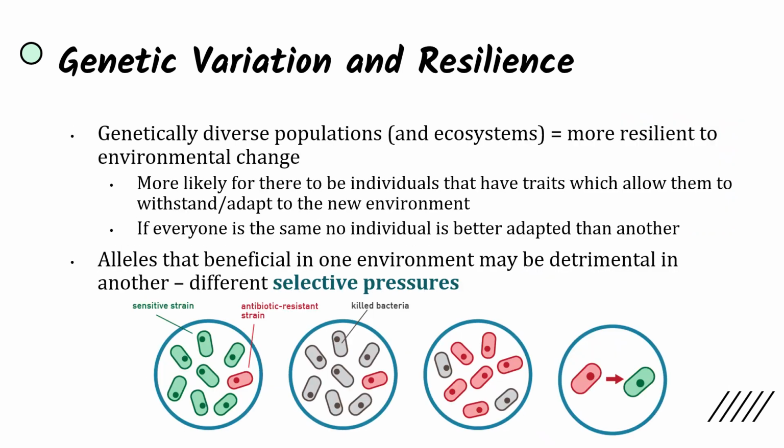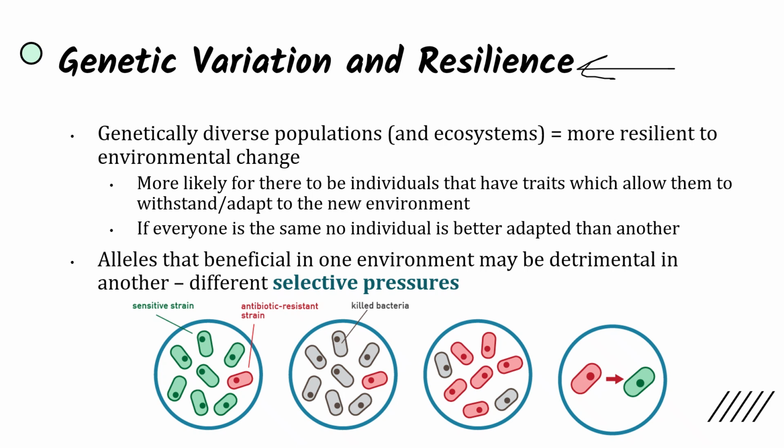At the same time, an increase in genetic variation can lead to more resilience within environmental change. So genetically diverse populations and ecosystems, so not only individual populations, but the entire area involving all of the communities and all of the living and non-living factors in that environment, have more resilience to environmental change because there's a higher chance that there are individuals that have traits which allow them to withstand or adapt to the new environment that can be selected for within natural selection.